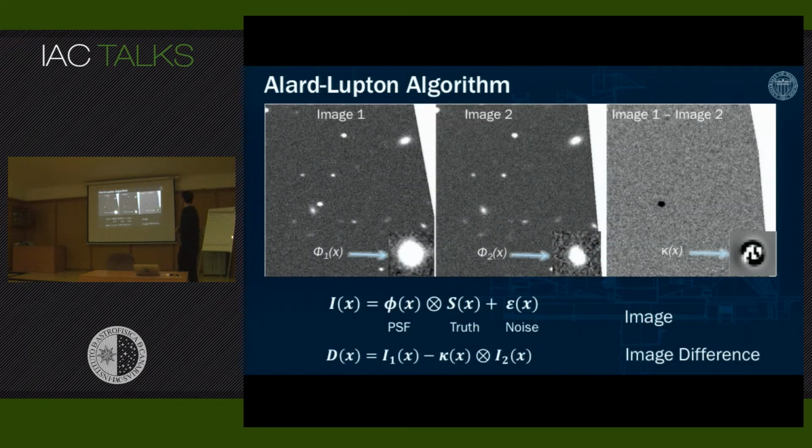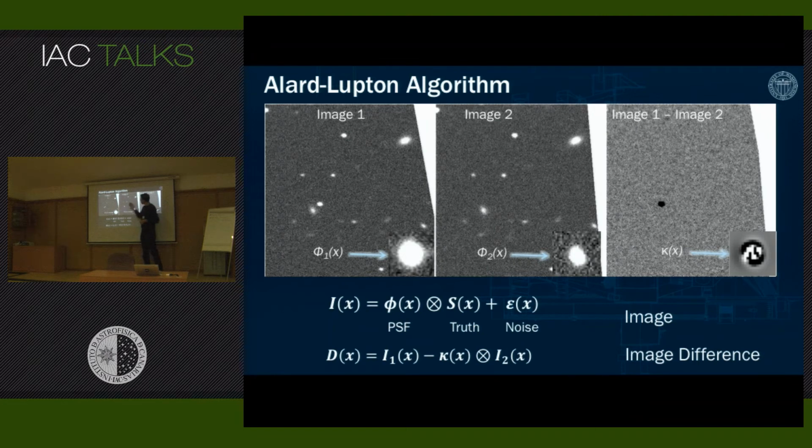And this is what an algorithm called Alard-Lupton does. This was invented some 20 years ago by Alard and Lupton. Basically the idea is that I may have image 1 and image 2, and what's different between the two images is the PSF. The PSF is mostly, as we've seen in that simulation, determined by the atmosphere. So the atmosphere may be changing, the weather is worse one night, the PSF is worse.